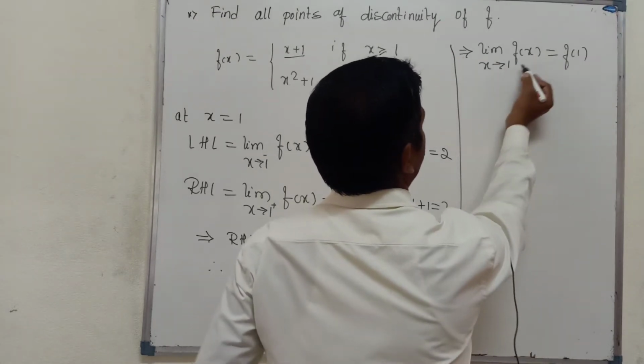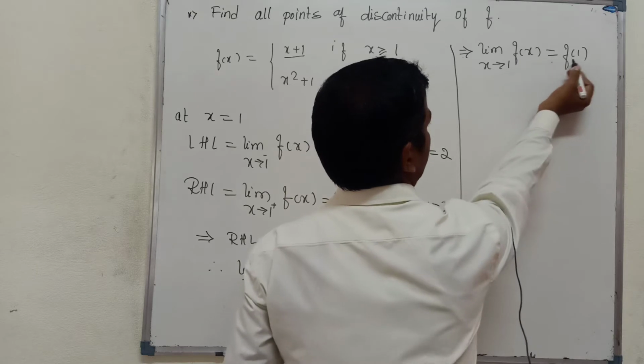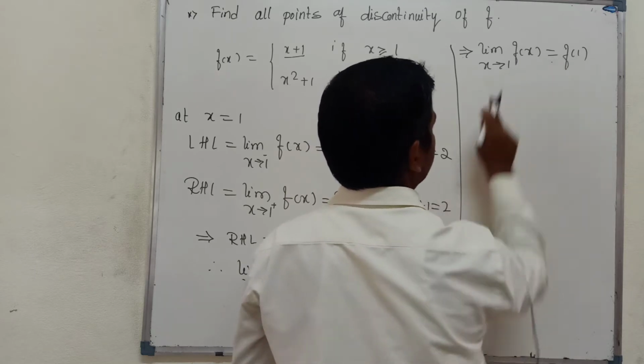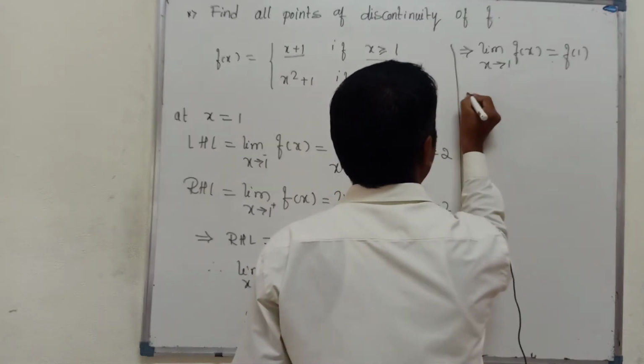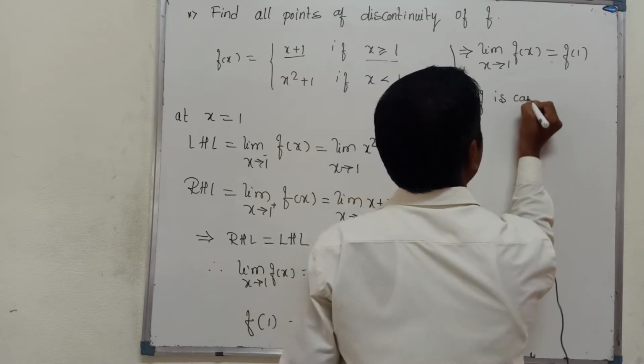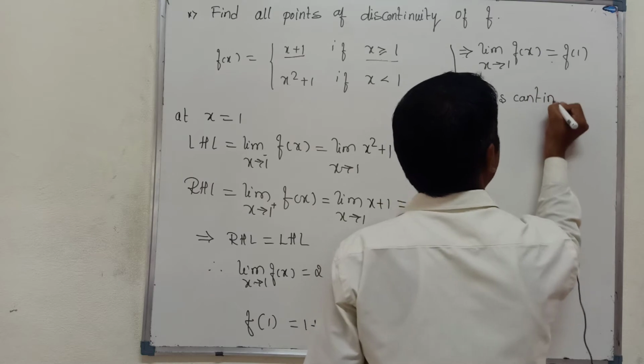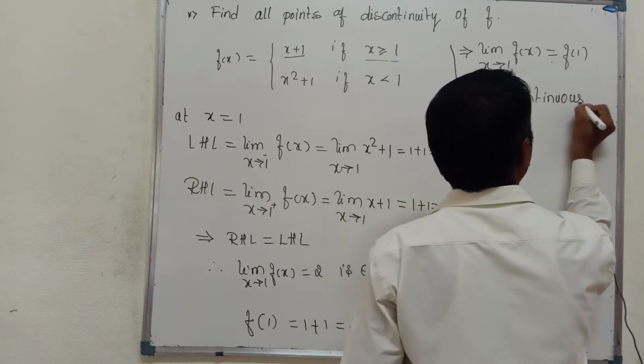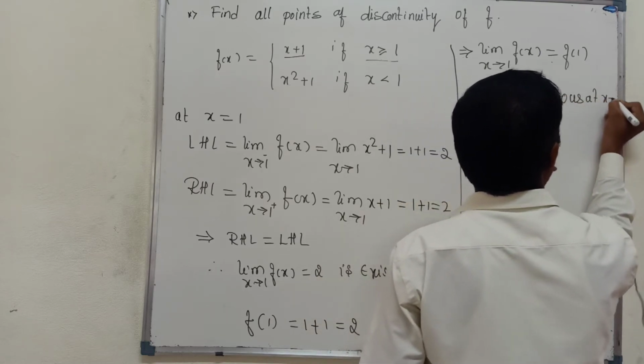The limit of the function is equal to the value of the function. Therefore f is continuous at x equal to 1.